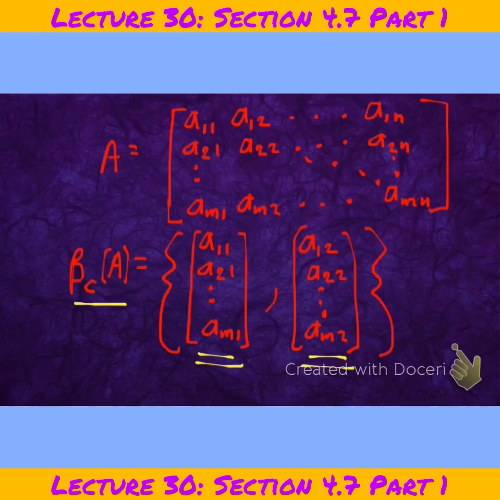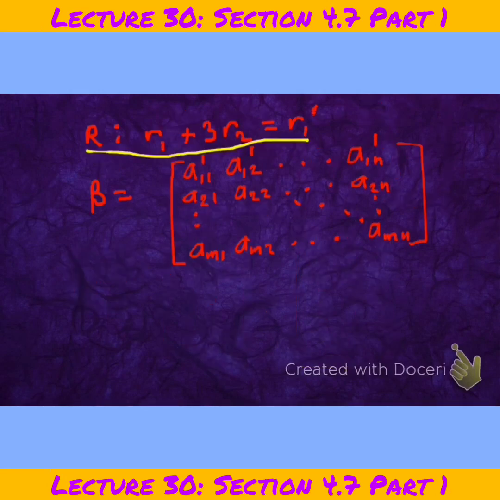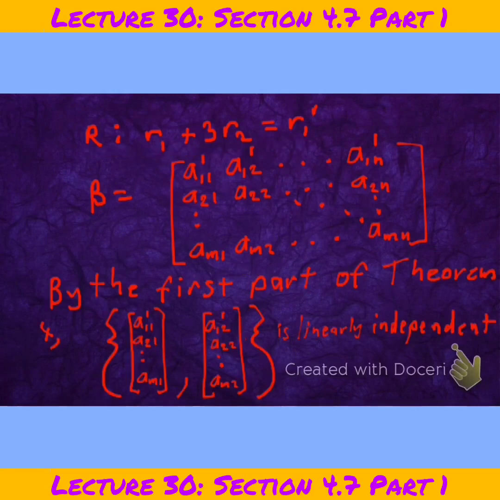That is going to imply that in my matrix B, the first two column vectors are linearly independent, by the first part of Theorem 4. So now I just need to show that this set is a basis, so I just have to make sure the spanning property holds.